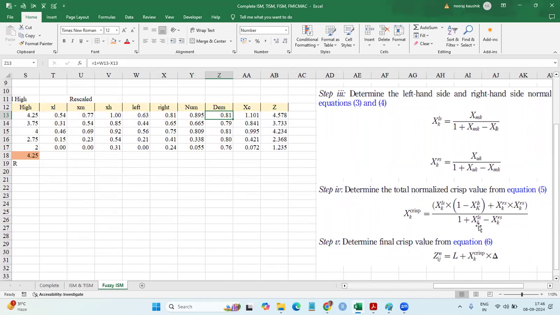And the denominator is 1 plus left minus right. And I have divided by 2. And finally, it is rescaled using the formula L, which is fixed, plus delta, which is fixed, into X crisp, which is the changing value. And I dragged it here.